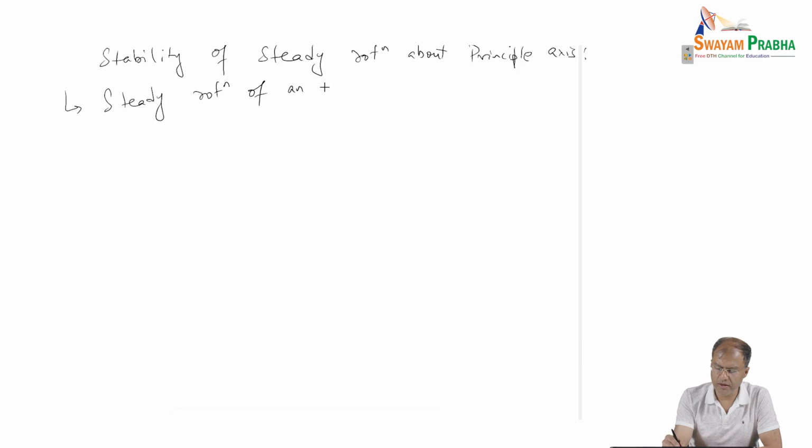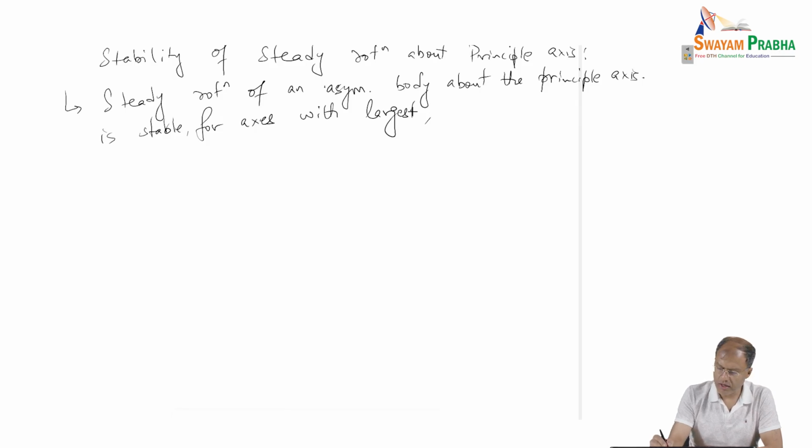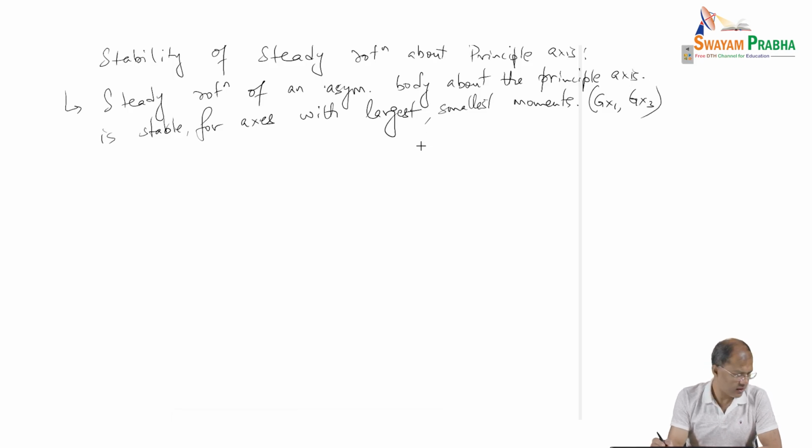The steady rotation of an asymmetric body about a principal axis is stable for the axes with the largest and the smallest moments, so we are talking about the x1 and the x3 axes respectively, and it turns out that the stability always alternates.